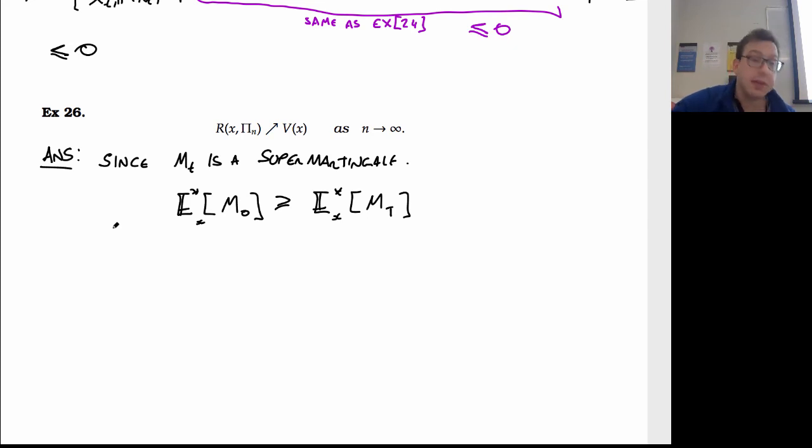Now you can check for yourself that the value of the martingale at time 0 means you don't do any steps according to the optimum policy. You just do steps according to the policy improvement policy at time t.